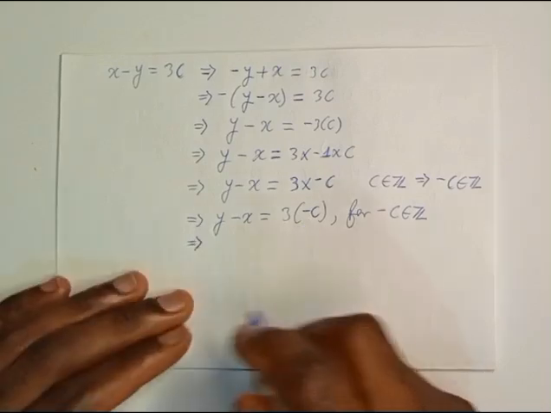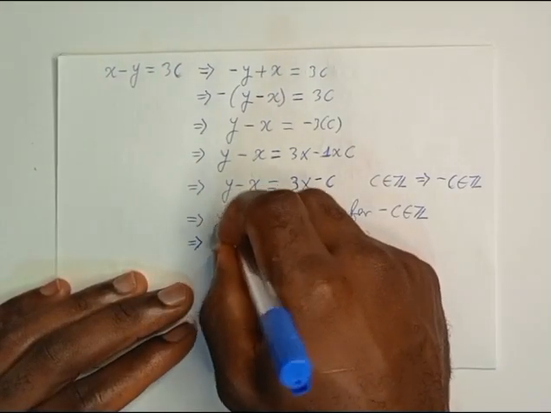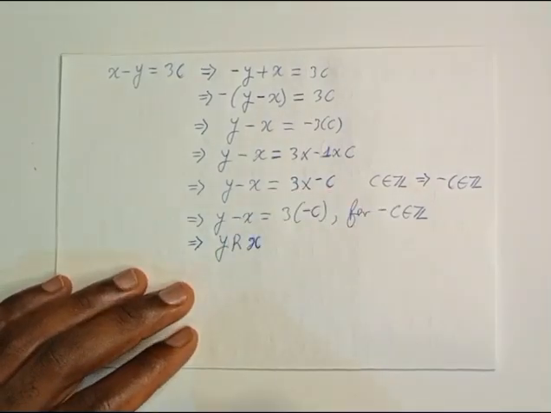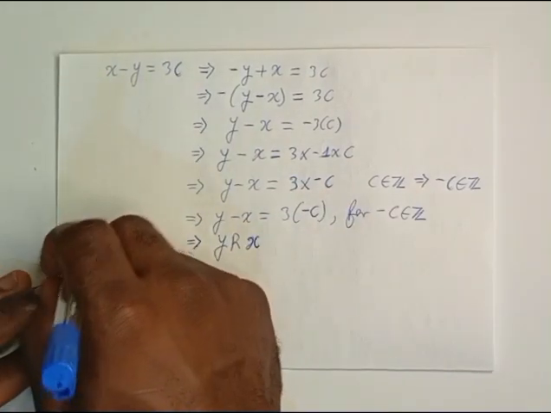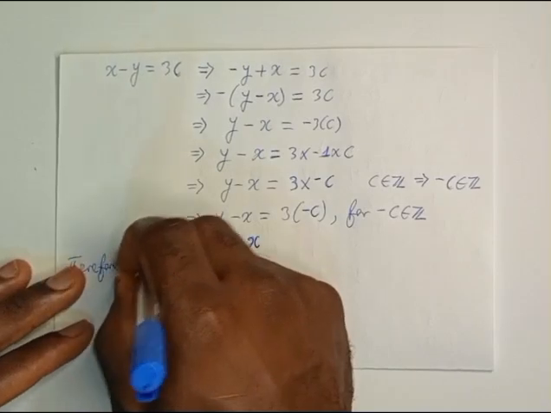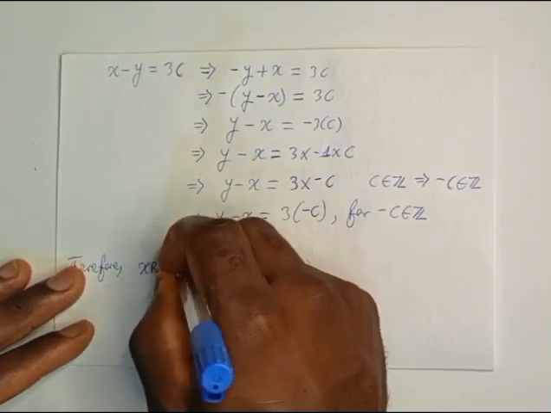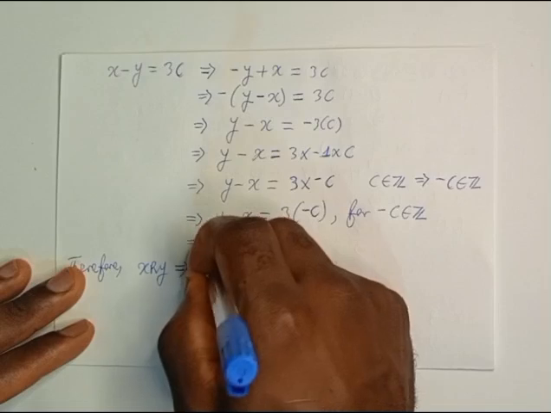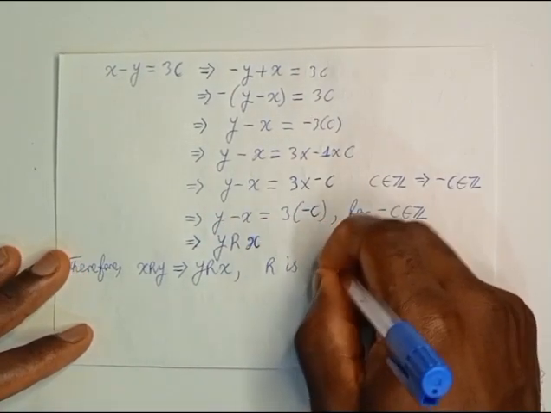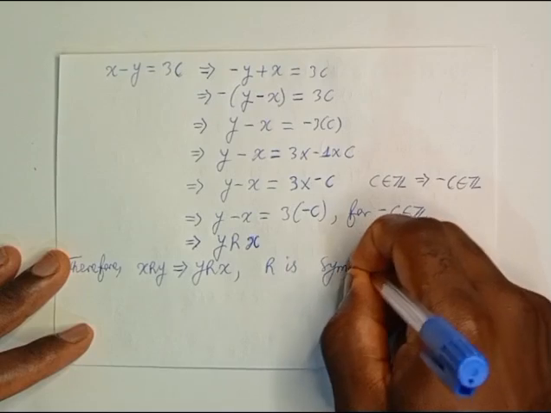It simply means y is related to x. That's what it means. Then we can conclude, therefore, x related to y implies y is related to x. We write by the side, R is symmetric.